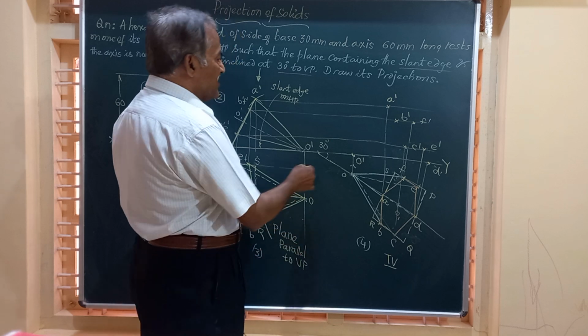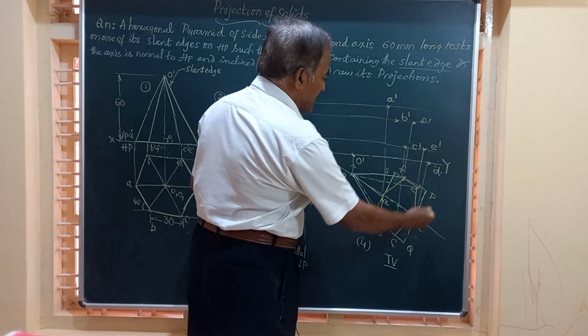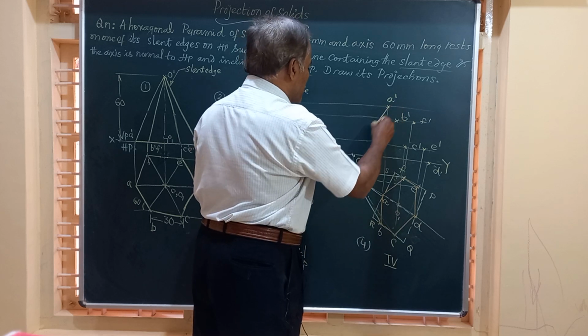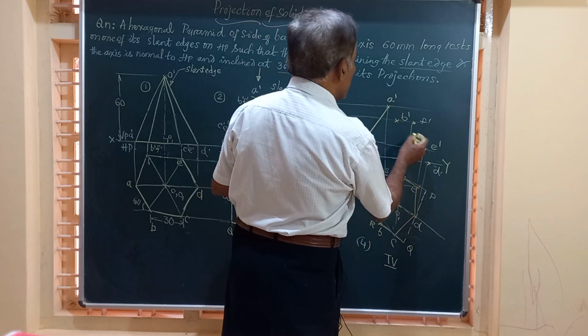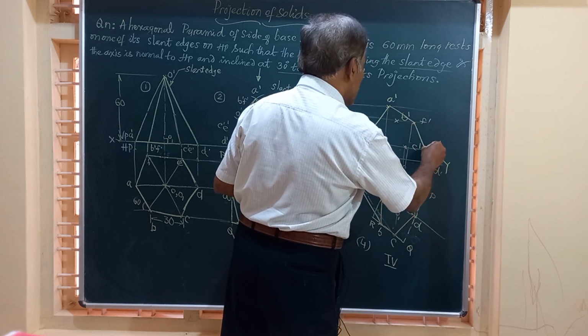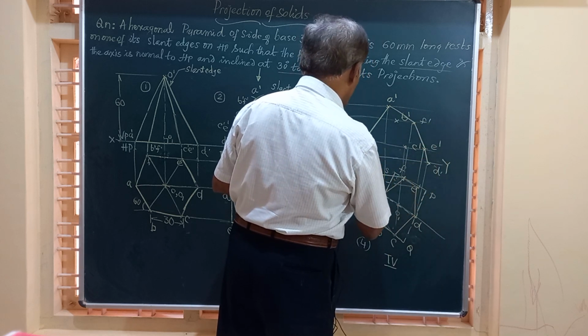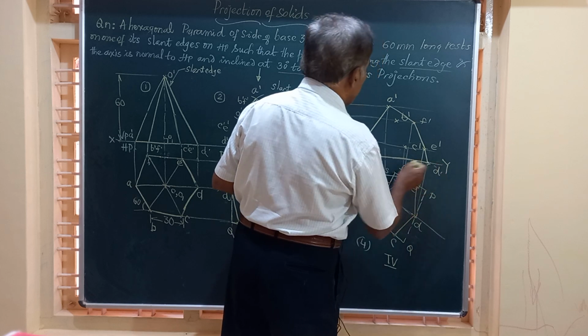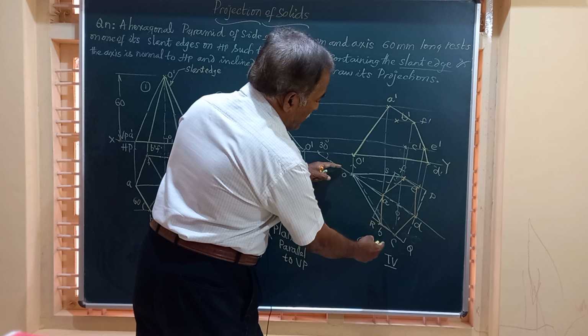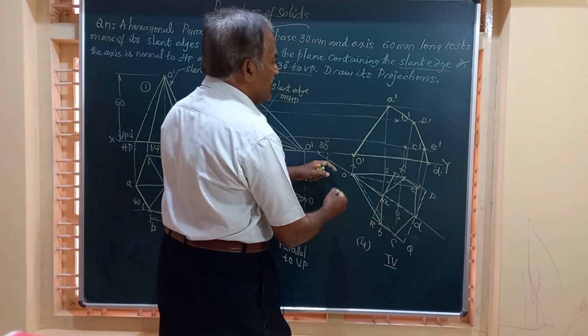So friends, O is here. Let's see how to join them. Let me join O to A, then A to F, then this line, then this line, then O to D. You are joined, and then friends, let us see in the front view OB, OC are visible.